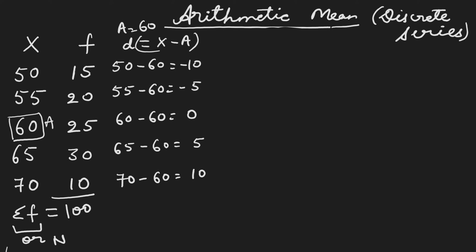Then we will find out D dash. D dash is nothing but D upon C. Here in all these five values, we can understand that 5 will be the common factor. Why? Because minus 5, minus 10, 5 and 10, all these values can be easily divided by 5. So it is easy to take 5 as the common factor. We will divide all these values of D by 5.